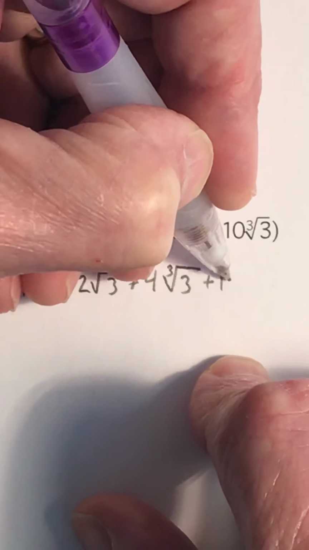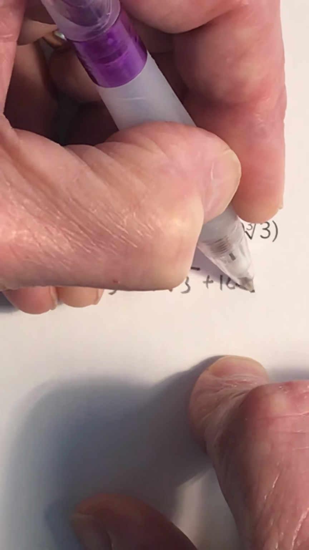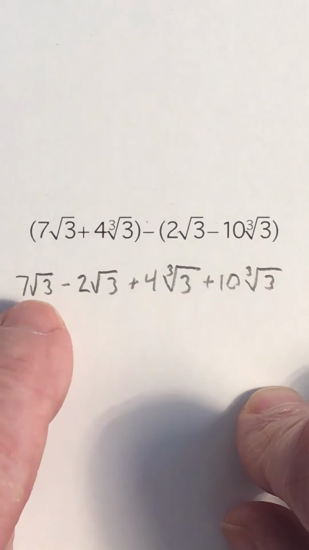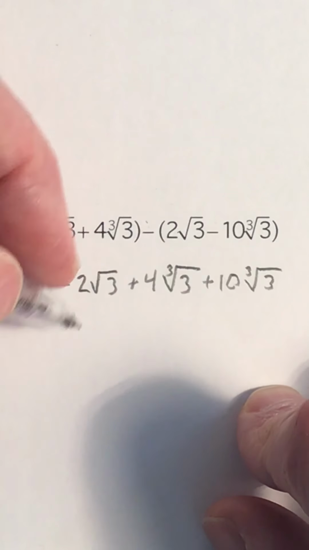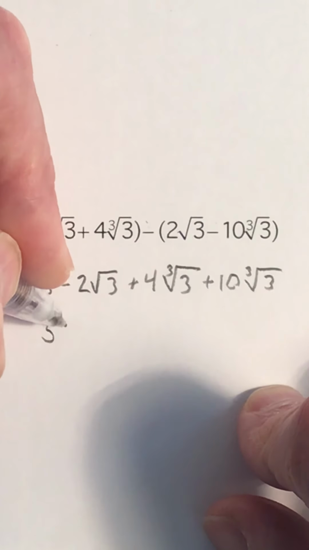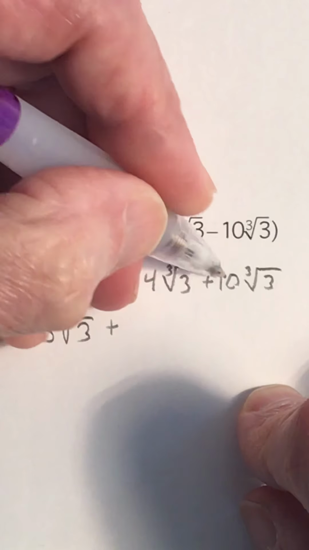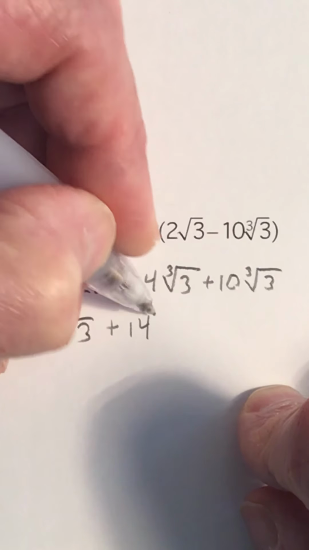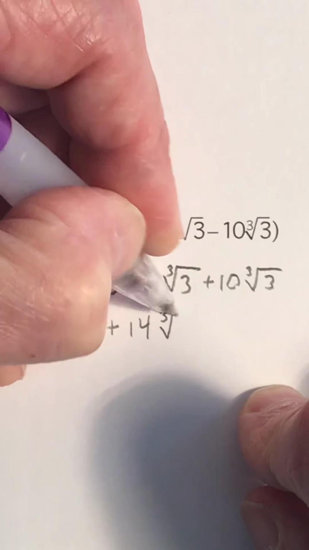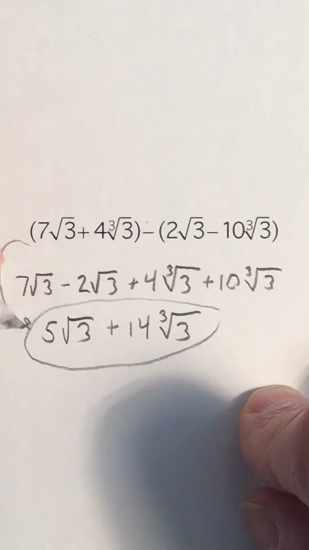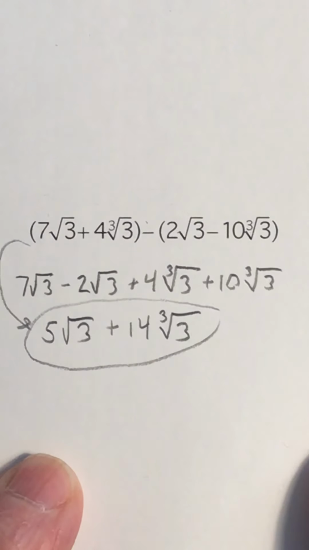So that's add 10 cube root 3's. So 7 of these, take away 2 of these. We've got 5 square root 3's, and then plus 4 of these plus 10 of these, 14 cube root 3's. Hope that's okay.